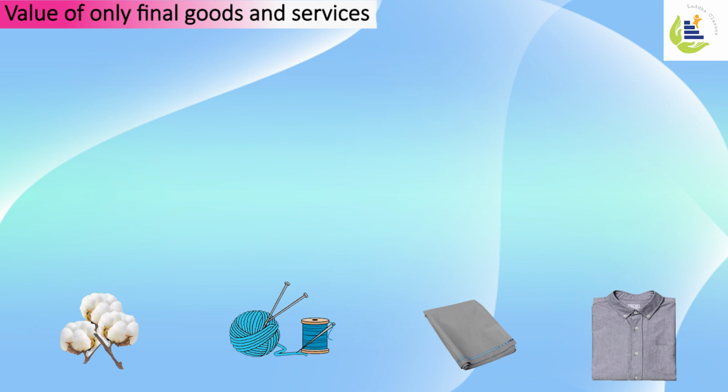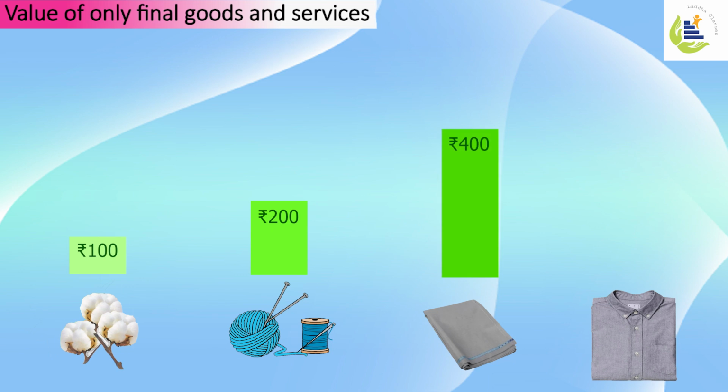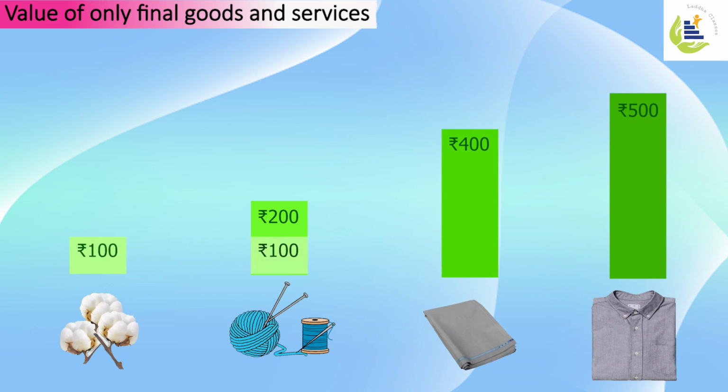But in the calculation of national income, if you add the final price of cotton, the final price of thread or yarn, the final price of the textile, the final price of the shirt, then what has happened? The price of cotton is already added in the price of yarn. The price of yarn is already added in the textiles. And the price of the finished good also considered all prices of all three stages.